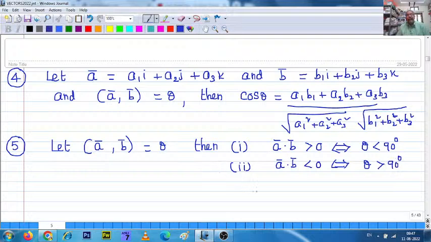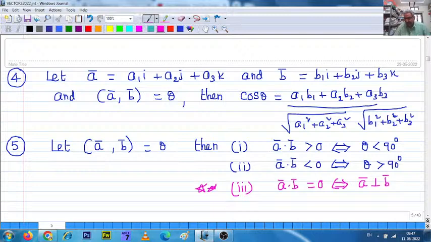And one more very important point, please remember. Suppose a dot b is equal to 0. That implies a bar is perpendicular to b bar. If the two vectors are perpendicular, then their dot product or scalar product is 0.